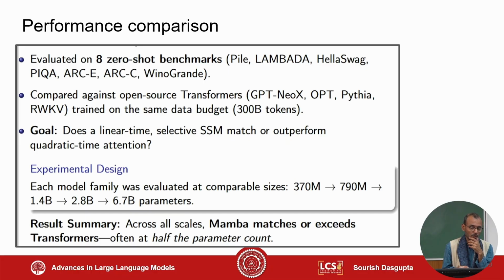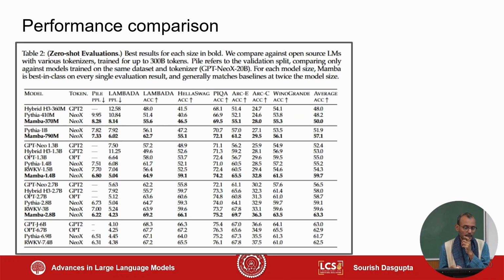They scaled the Mamba model from smaller to larger to see the effect, evaluating at different sizes, starting from 360 million range models to 1 billion, to 1.5 billion range models and so on.